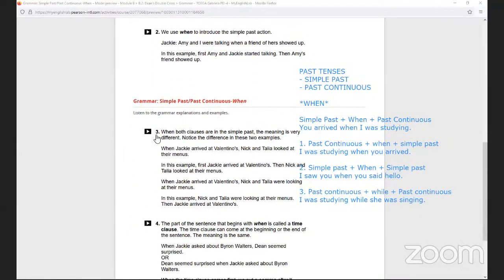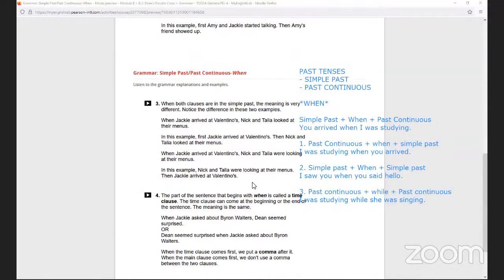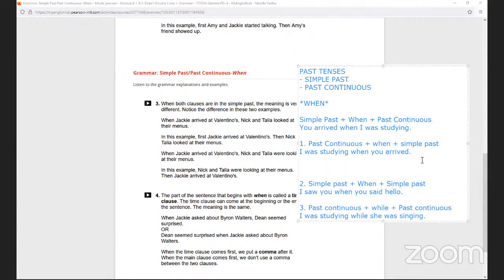Of course, we can use the connectors at the beginning or maybe in the middle. It's okay. But what happened here? What is the clue here, if we started with the connector?